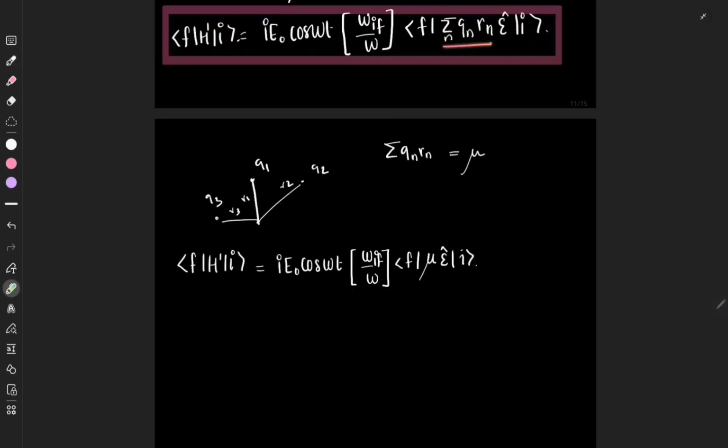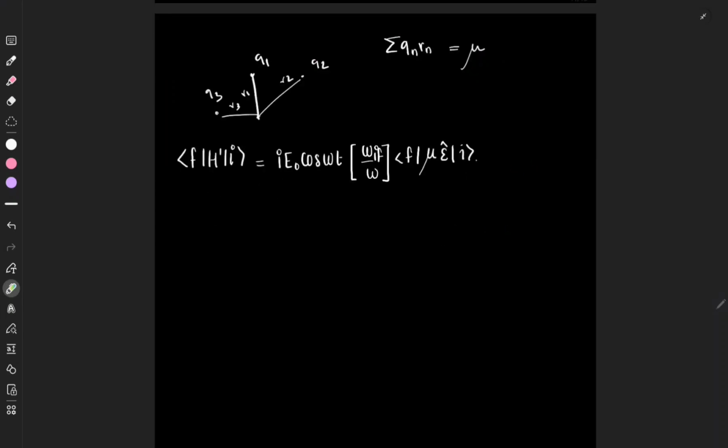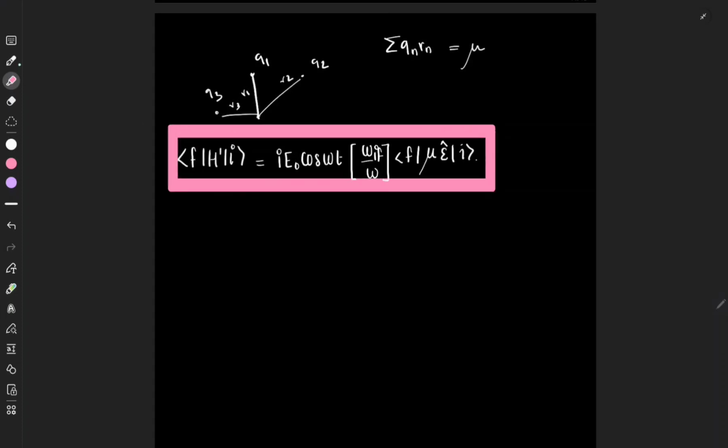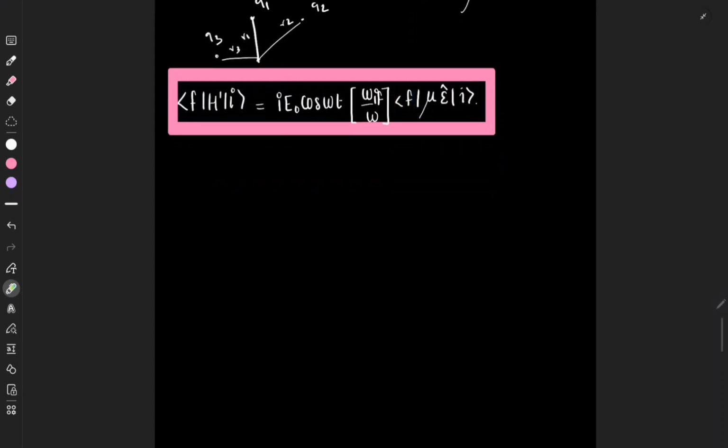So these three terms become nu, and finally you can write it as this. Okay, so in this equation, this part is nothing but the projection of the dipole moment on the electric field vector, which governs the selection rule.